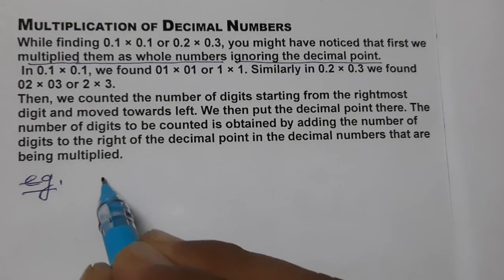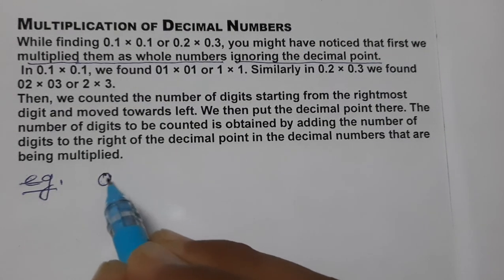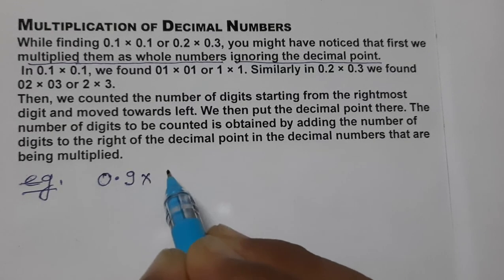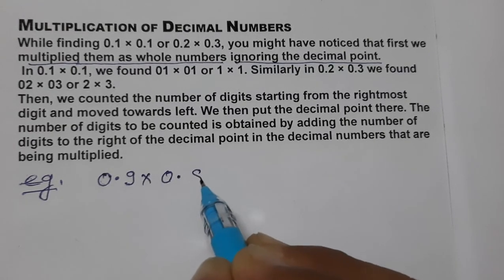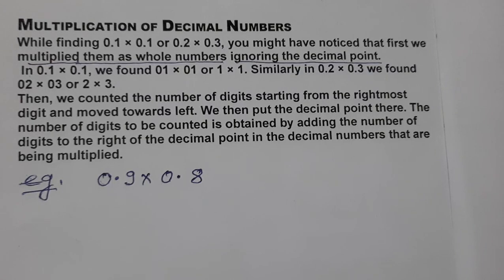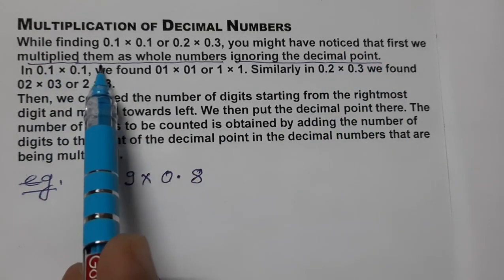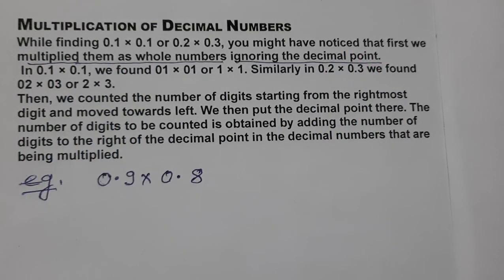See, I am taking one example, 0.9 into 0.8. I have taken a very simple example. So what is the rule? First we multiply them as whole numbers.